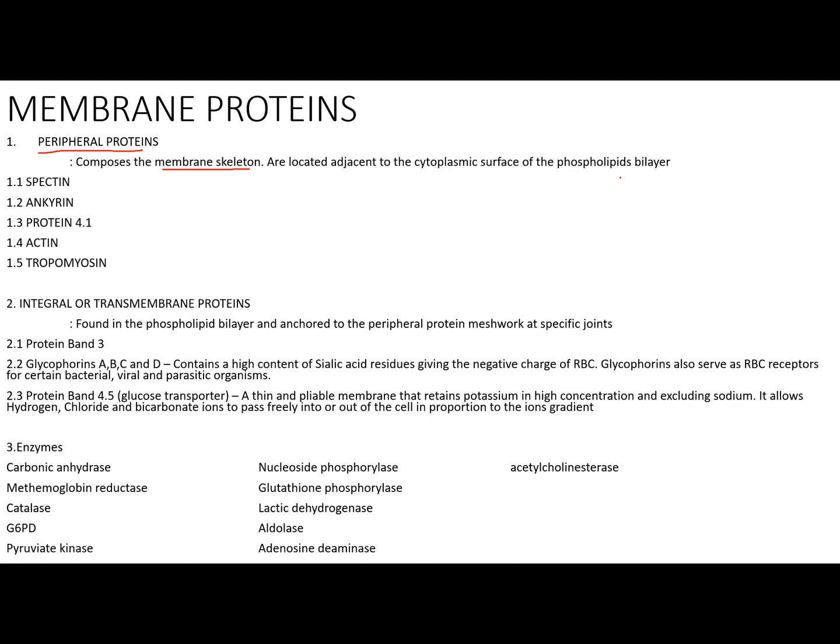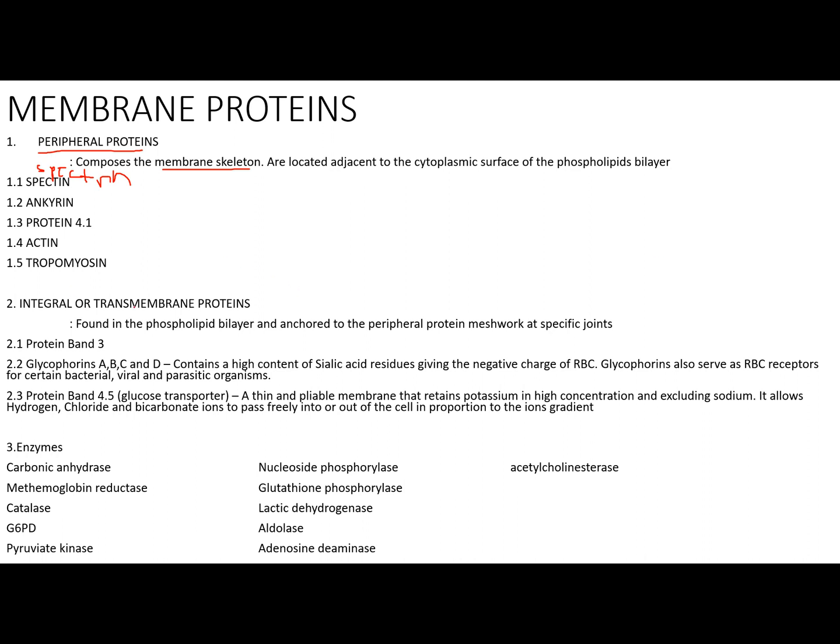I gave this as an assignment sa inyo, so please take note, class, that since it's an assignment, it would be included in your exam and in your quiz number 3. Number 1, we have spectrin, S-P-E-C-T-R-I-N. Ankyrin, protein 4.1, actin, and tropomyosin.